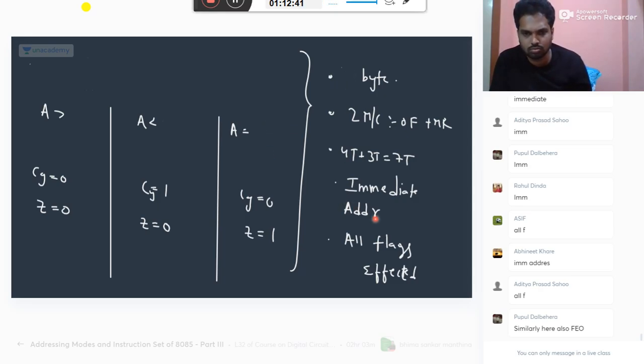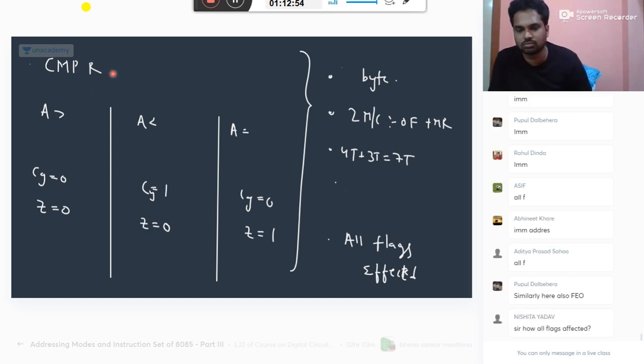Compare M. What is M? Contents of the memory location pointed by the HL register pair. It will also compare. It is a 1 byte instruction only. It will read the opcode, then go to memory and read that also.